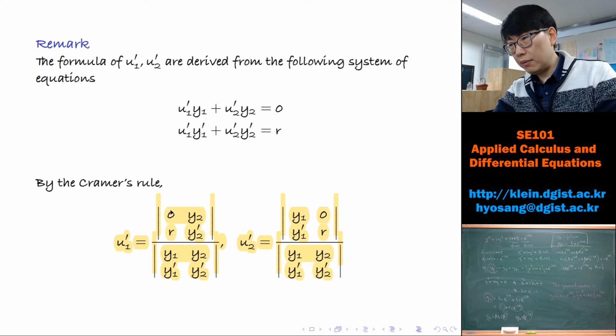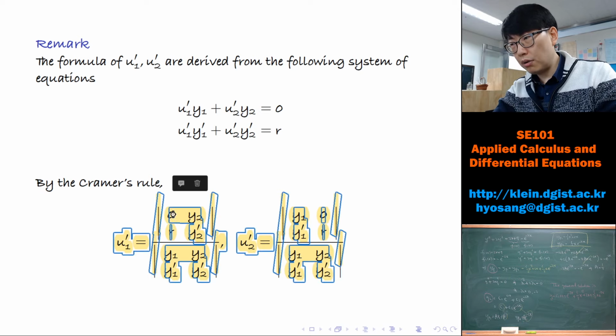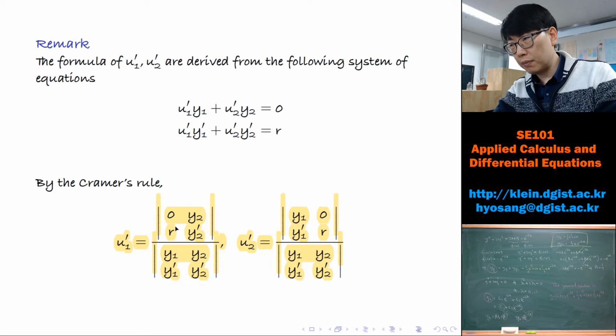On the numerator, you have 0 and r on the first column, and the denominator is the Wronskian. And for u2 prime, you have 0 and r on the second column, because this is the second u, with the same Wronskian in the denominator.